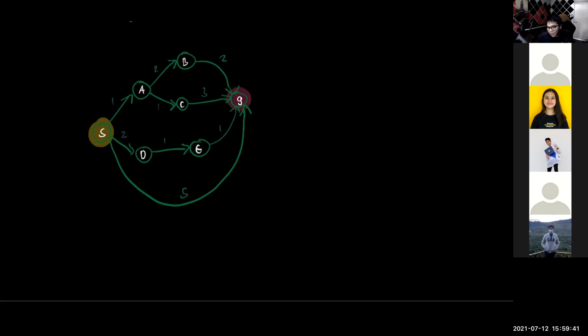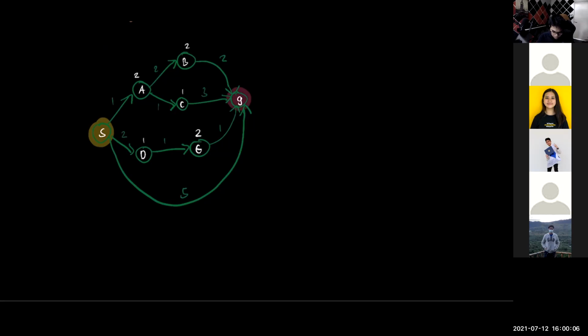And then we can assign weights now to our various nodes. So for A, let's say we have a weight of 2. For B, we have a weight of 2 again. For C, let's have a weight of 1. Here we have a weight of 1. Here we have a weight of 2.